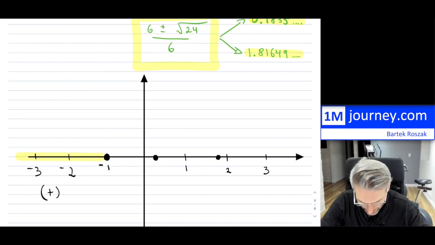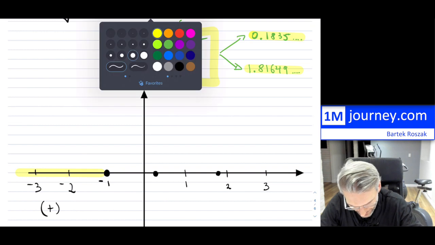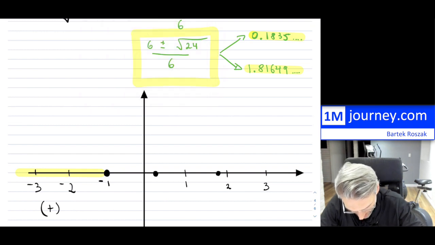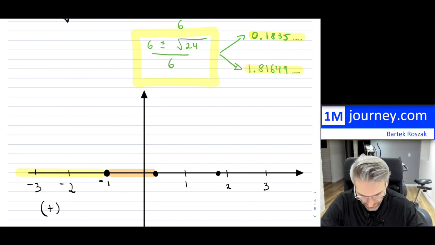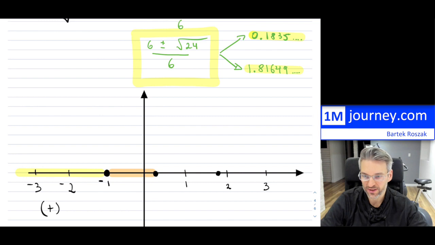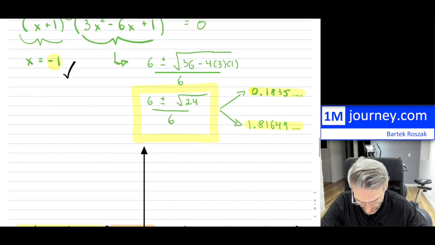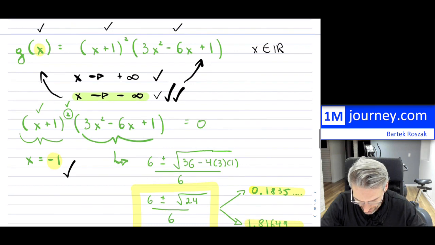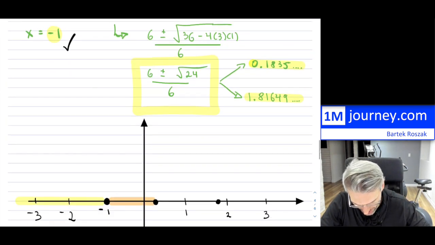So that's that. Now, what's going to happen over here in between -1 and 0.18? Again, I can take another test point. I like 0, because working with 0 is always nice. So if I substitute 0 in here, that's going to be 1 squared, so that's positive, and then 1. So it's going to be positive again.